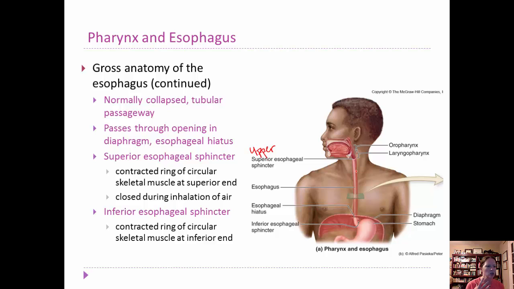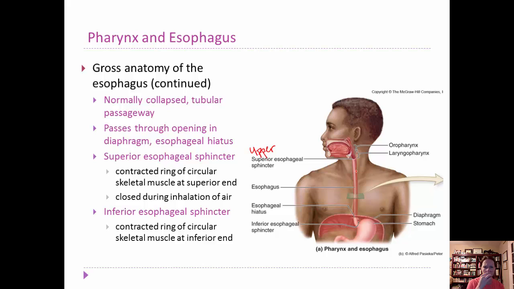It's skeletal muscle because we are going to try and push that food through the pharynx and the first part of the esophagus as quickly as possible. Because, as we'll talk about in a second, with swallowing we do have a temporary cessation of breathing. So that superior esophageal sphincter is going to be closed during inhalation of air.